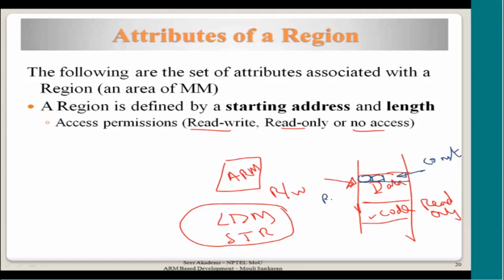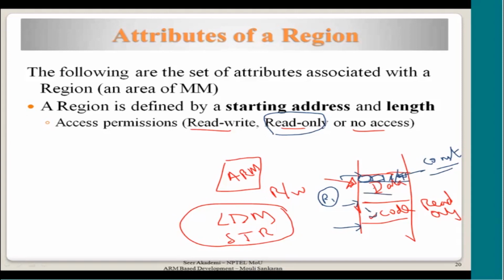Suppose process 1 owns this address range, and we assume P1 has this code also, but that doesn't mean the process can write into its own code area. It can read from it, but it can't write into it. Similarly, it cannot write into some part of the data area because it is a constant. We don't want this area modified at runtime. So that way we can say that a particular data area is read only.